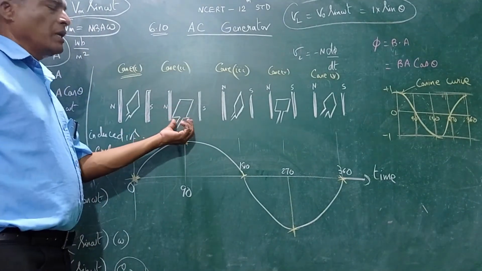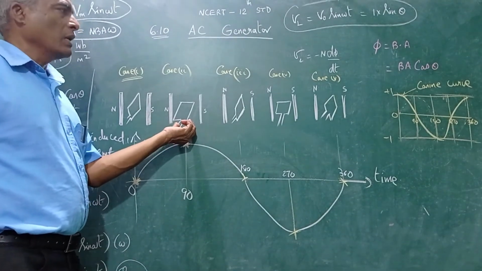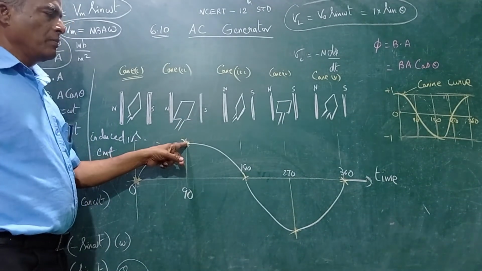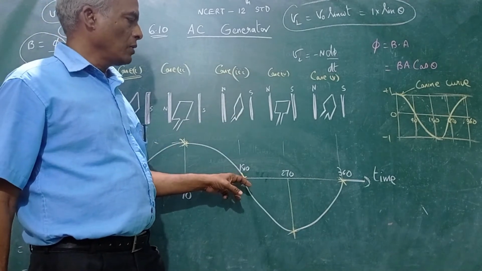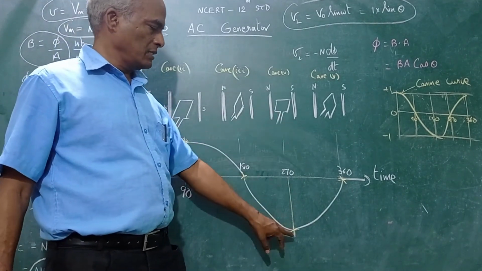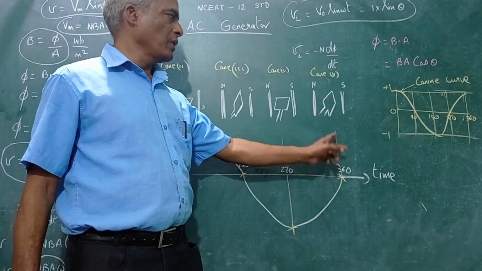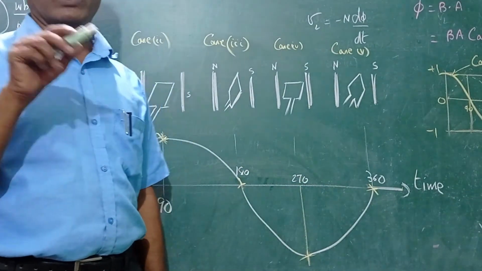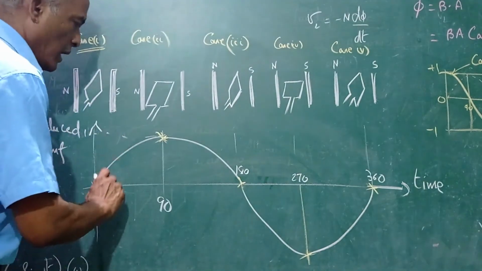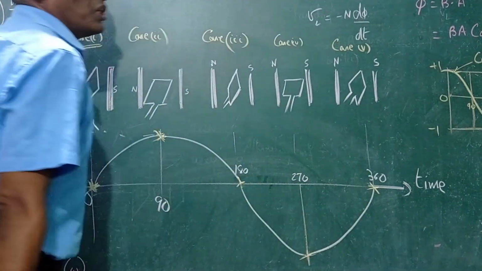Cos 0 is 1, therefore it is maximum. Once again it is vertical, it is 0, and it changes direction, it becomes negative. And finally, vertical, it becomes 360. That's how it completes one rotation, and that's how an AC waveform is generated.